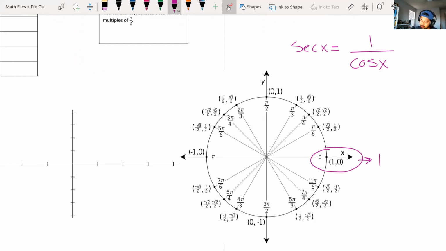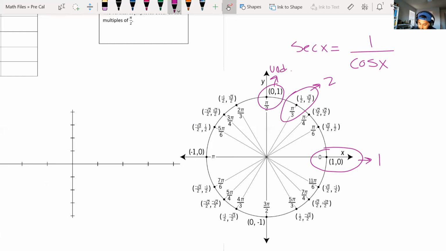1. Do we want to deal with pi over 6? Nah. Do we want to deal with pi over 4? Nah. Do we want to deal with pi over 3? Bingo. What will that give us? 2. And then we come to pi over 2. And what's the reciprocal of 0? Undefined.